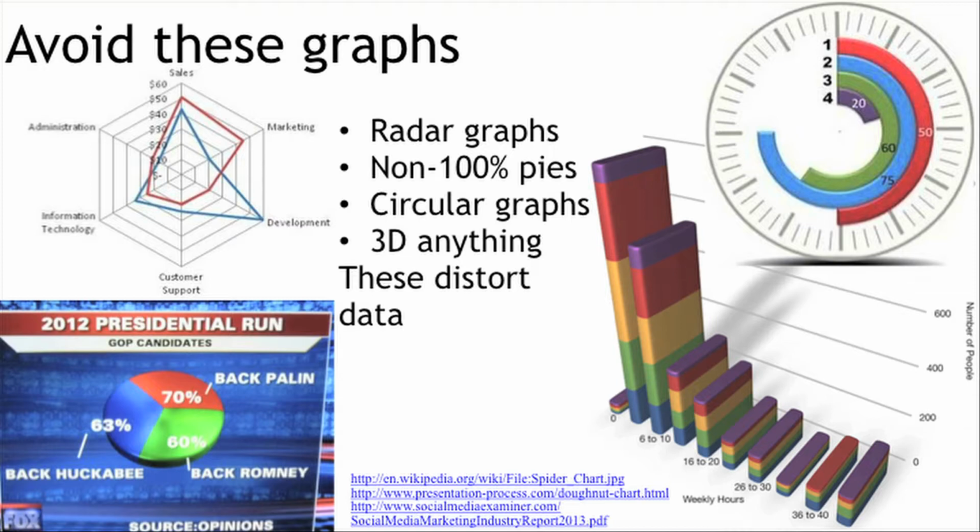Pies are not 100%. This pie down here in the corner, this is the 193% pie. It's 93% larger than anything in reality. Don't do that. In the upper right corner here, this circular graph, the problem with circular bars like this is there are 2 ways to read it. One of which is the absolute bar length, where we can see that this blue bar is the longest and the green bar is the second longest.